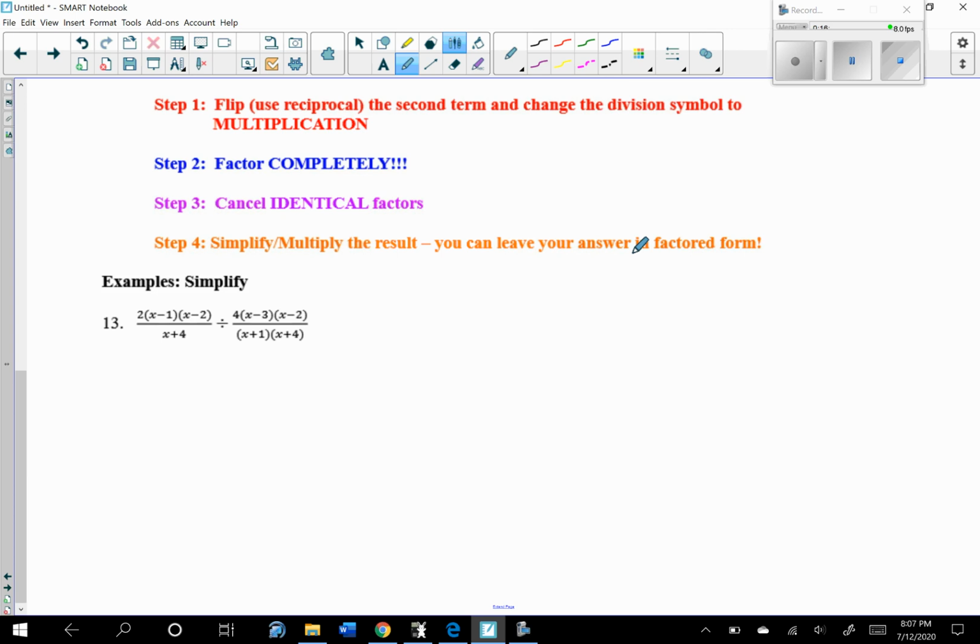So for the first one, we want to go ahead and make this multiplication and flip. So this is 2 times x minus 1 times x minus 2 over x plus 4. So you change this to multiplication and flip the second fraction.